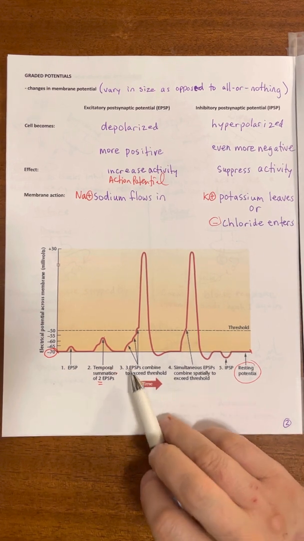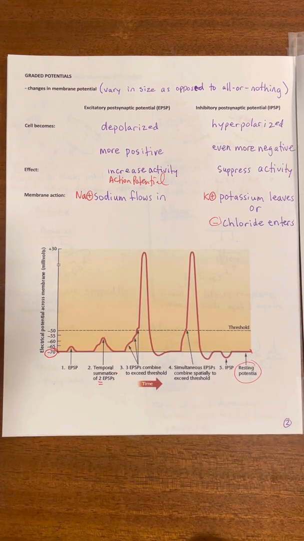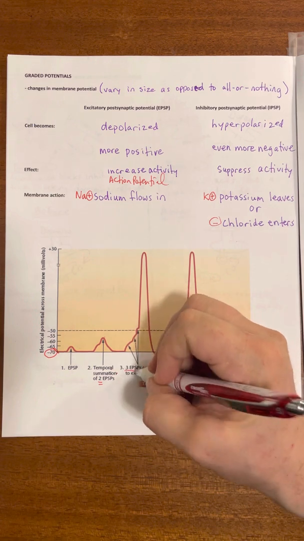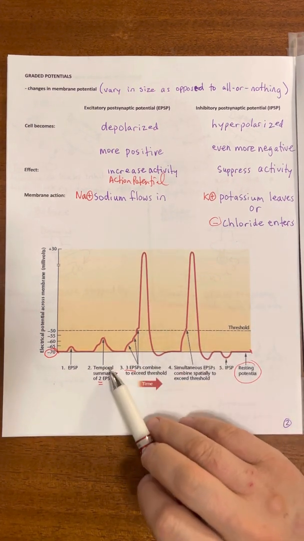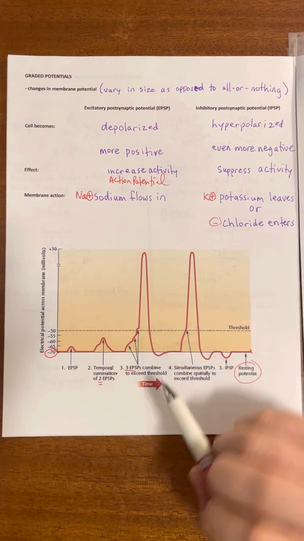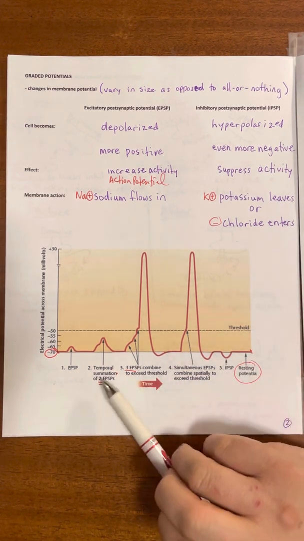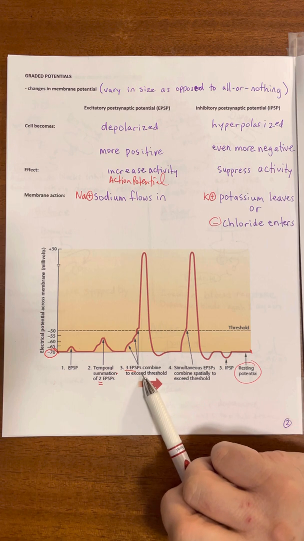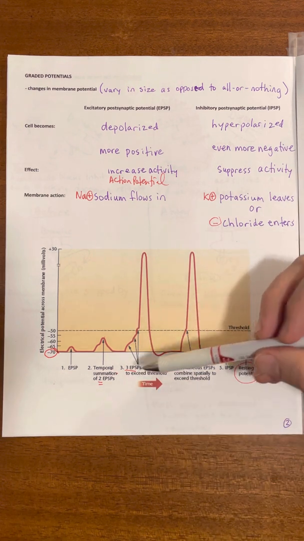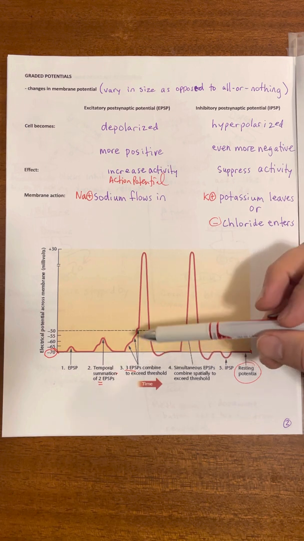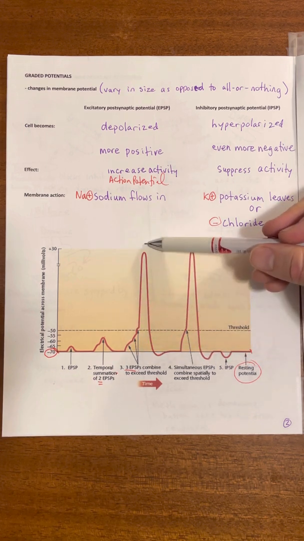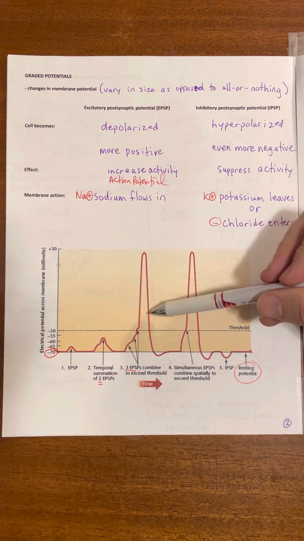So then in this third illustration, we're saying that we got 3 EPSPs, right? And maybe these are now the temporal summations. But when we've moved from just 2 EPSPs to 3 EPSPs, that was enough to cause the inside of the cell to become so positive that it actually caused an action potential.